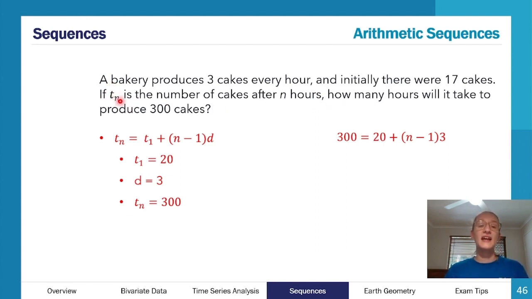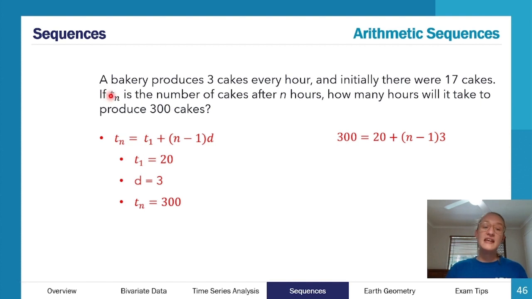If Tn is the number of cakes after n hours, how many hours will it take to produce 300 cakes? But this is really interesting. There were 17 cakes initially. So I had 17 cakes at the start when 0 time had passed. No time has passed, but we still have 17 cakes.